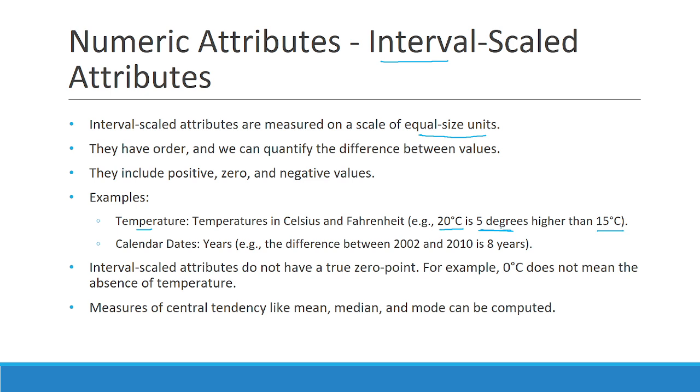So you can say 20 degree is 5 degrees greater than 15, or 15 degree is 5 degrees lesser than 20. Okay, or if you see calendar dates, so difference between 2002 and 2010 is 8 years. Getting it? So basically, in numeric attribute, interval scale attributes are measured in equal sized units.